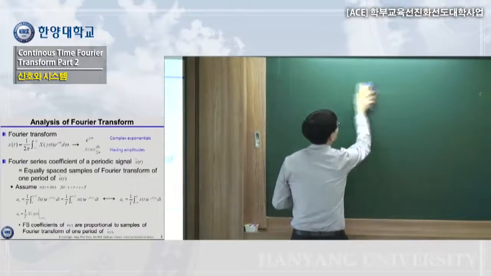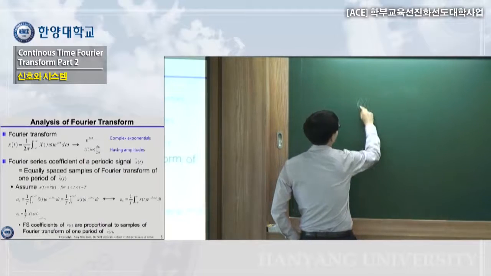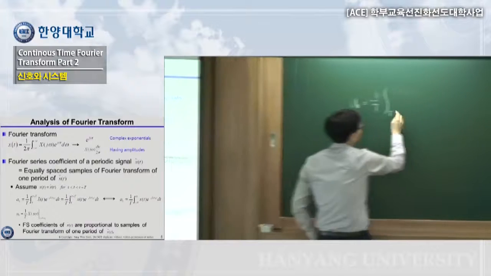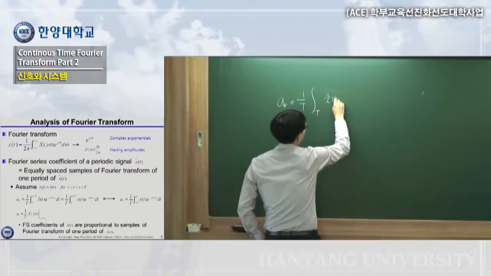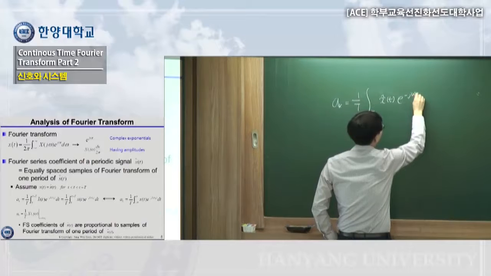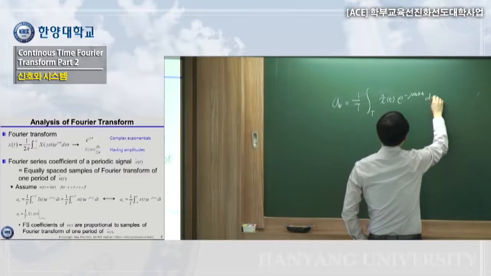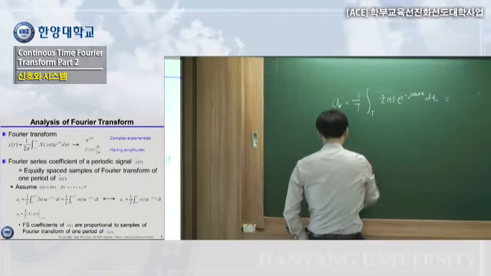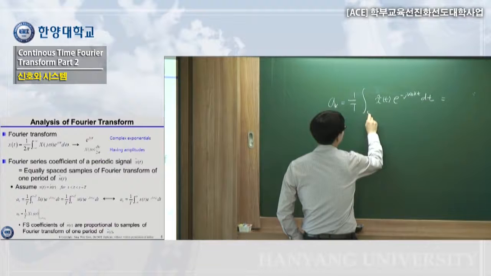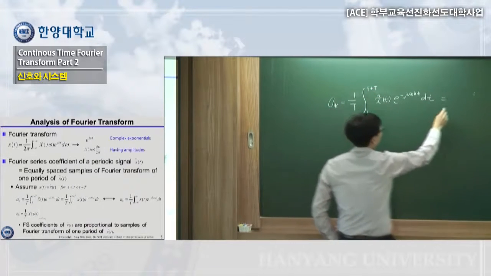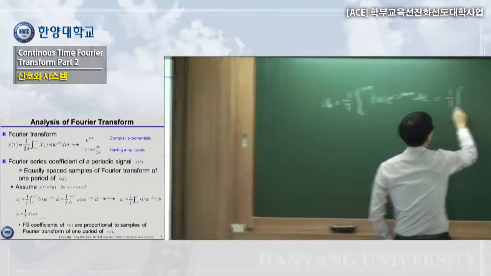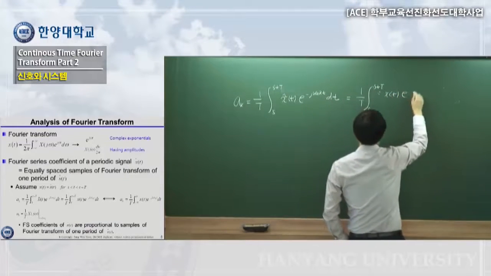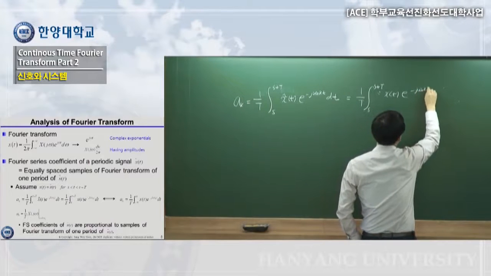So in short, from the definition of a_k, over one period, x tilde(t) e^(-j omega_0 k t) dt, for one period those two are the same, so we can easily change it to x(t) e^(-j omega_0 k t) dt.